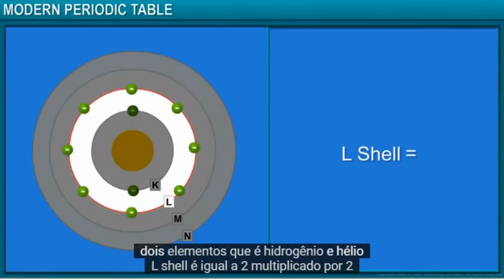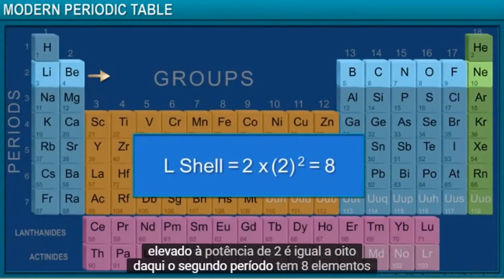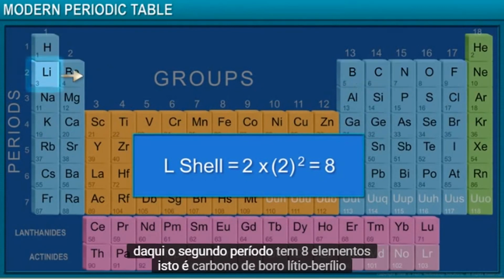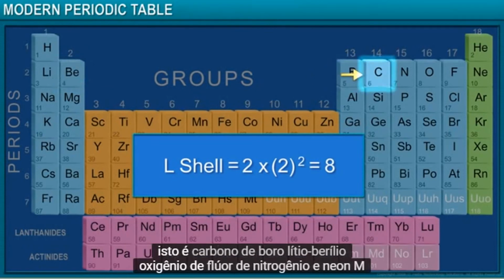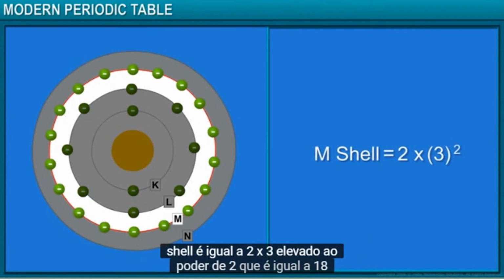L shell is equal to 2 multiplied by 2 raised to the power of 2 is equal to 8. Hence the second period has 8 elements, that is, lithium, beryllium, boron, carbon, nitrogen, oxygen, fluorine, and neon. M shell is equal to 2 multiplied by 3 raised to the power of 2, which is equal to 18.